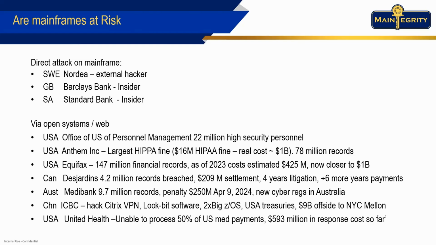Because of their operation at the center of billing in the United States, at one point, 50% of drugstore payments, 50% of physician payments, many hospital payments could not be processed. To get back to the point where they could be, in a very rudimentary sense, processed at all, took 5 days.